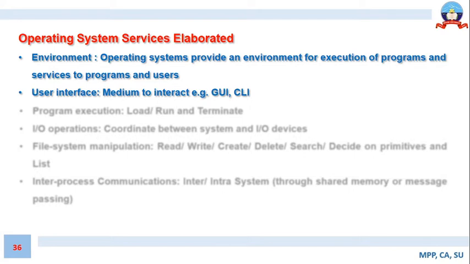Now next one is user interface. It is to be understood that no matter what the level of complexity involved or being managed by the operating system, if it does not have a good user interface, the overall usability of the operating system goes down. Again, I'll repeat it.